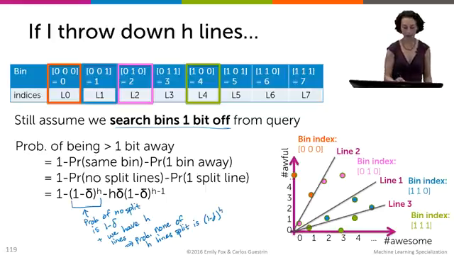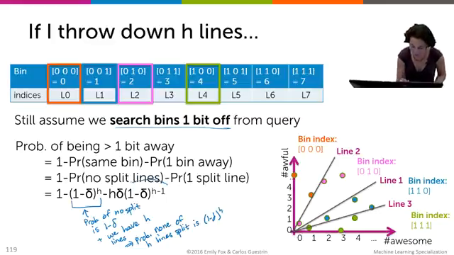Okay, now let's talk about this other one, which is a little bit more complicated because we need to compute the probability that a single line, only a single line, splits our query and its nearest neighbor. Not 2 lines or 3 lines or 4 lines or H lines, just 1. So here delta is the probability of 1 line splitting.